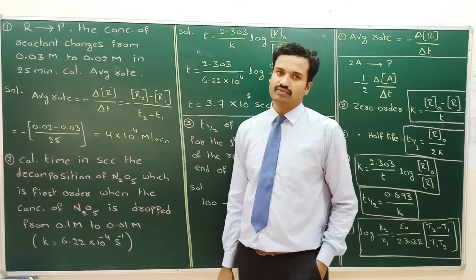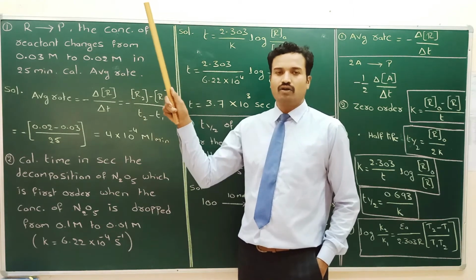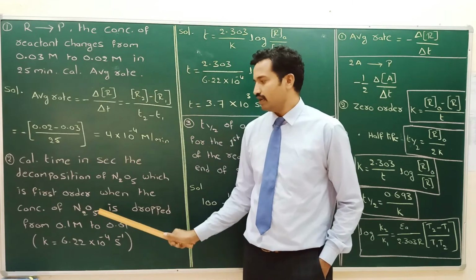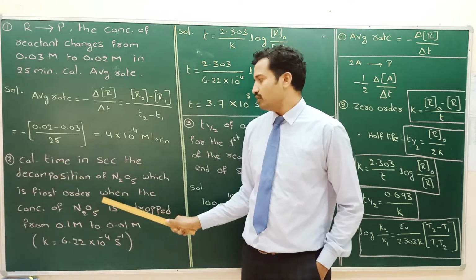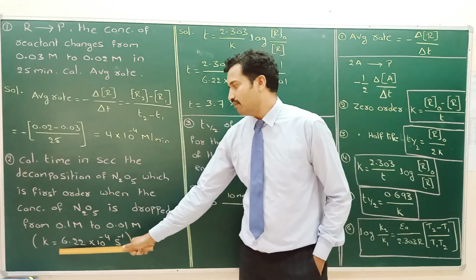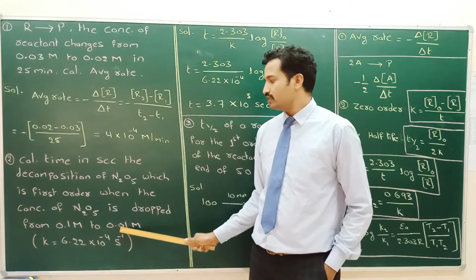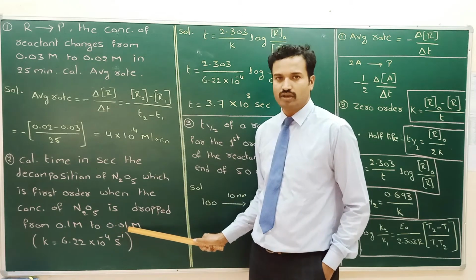Related to K and time, the first order reaction formula is K is equal to 2.303 by T log R naught by R. That is the formula. Here, for the decomposition of nitrogen pentoxide, we need to calculate the time. The K value is given, the initial concentration is given, and the concentration at a certain time, 0.01 molar, is given.